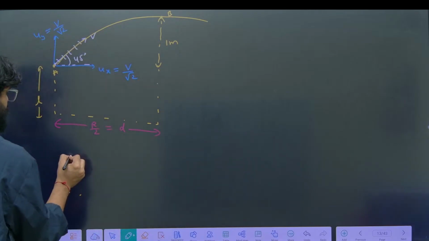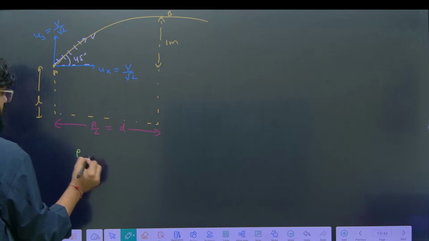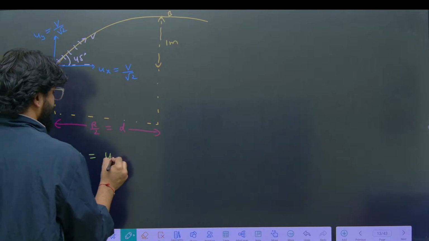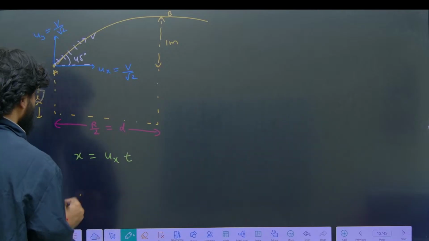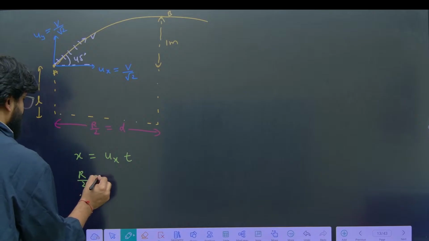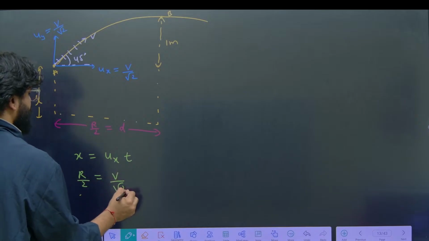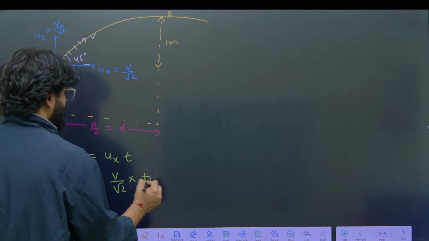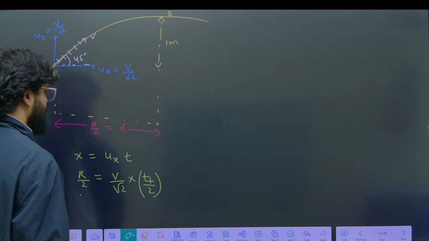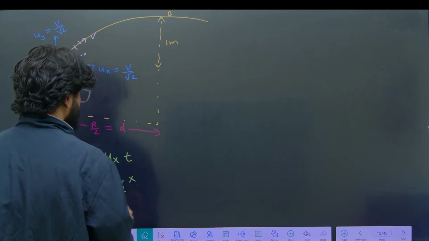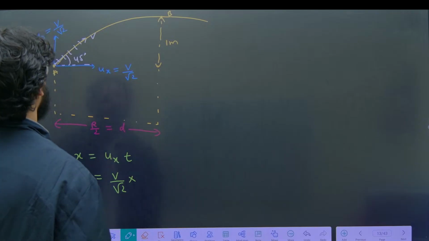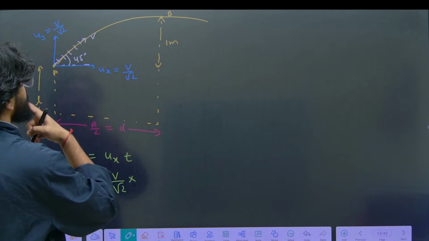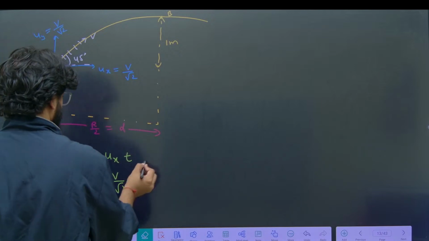So x equals ux into time. Now how much time will it take? No, we should not consider half the time of flight. If it was till here, then we should consider it, but we cannot.